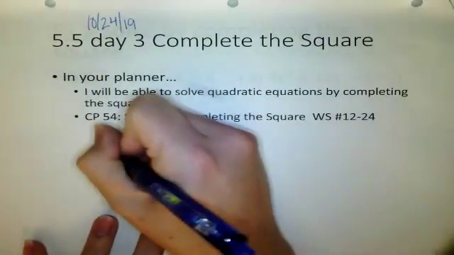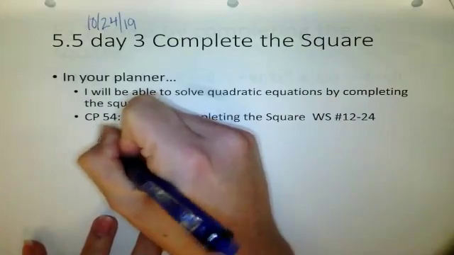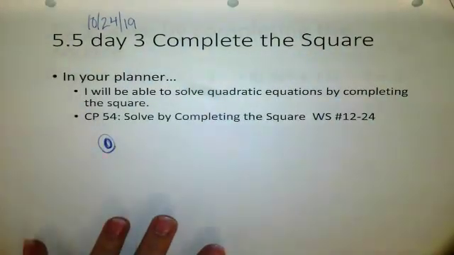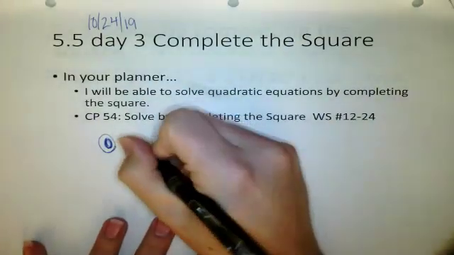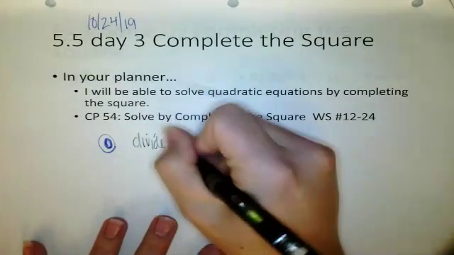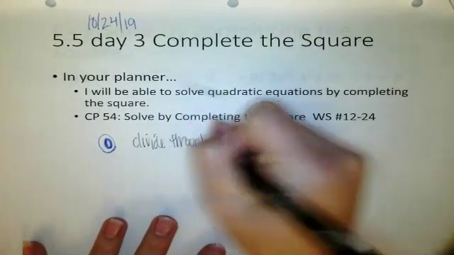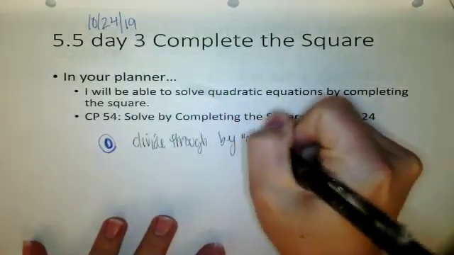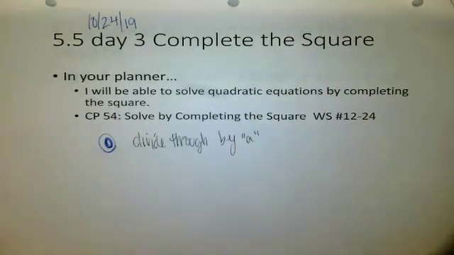Today we're going to add on step number 0: divide through by a. If there is a number in front of your x squared term, then you're going to need to get rid of it. So we have to divide through by a first. We cannot complete the square when there's a number in front of the squared term.